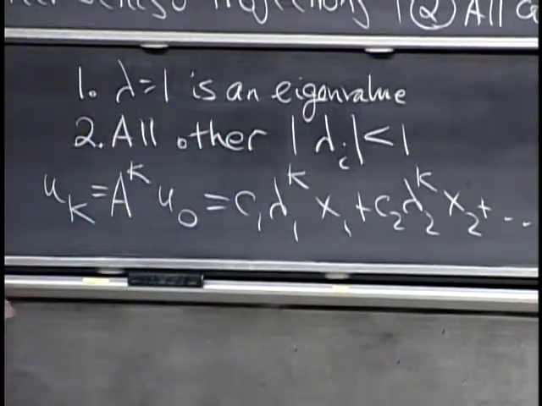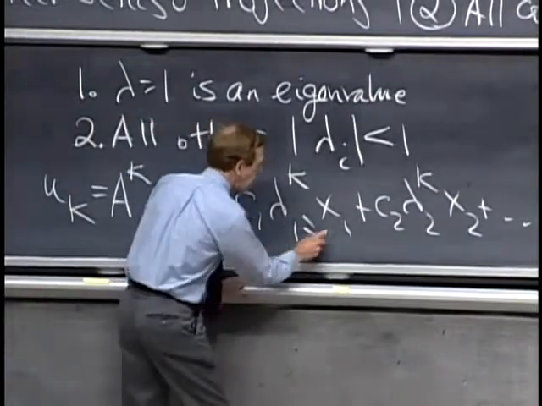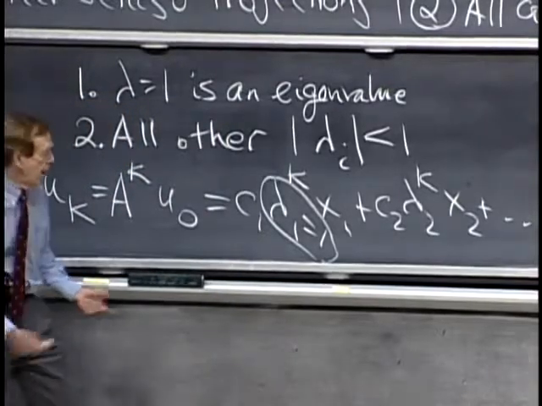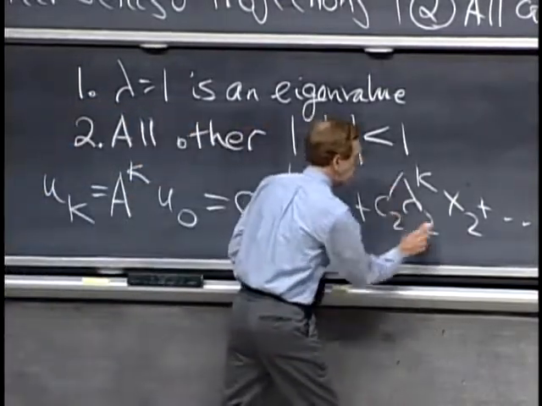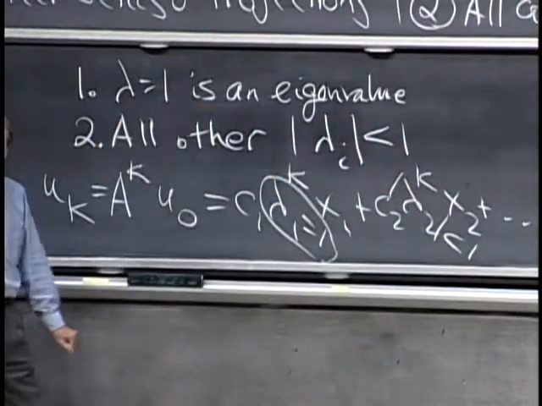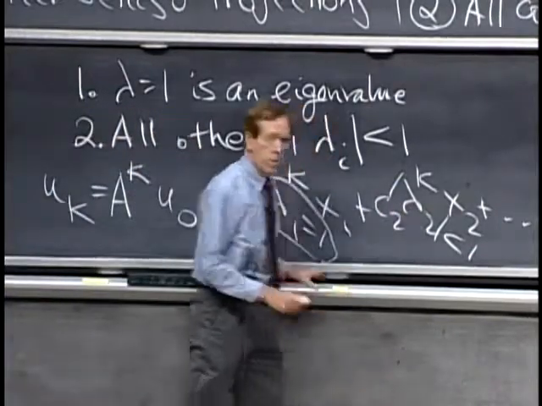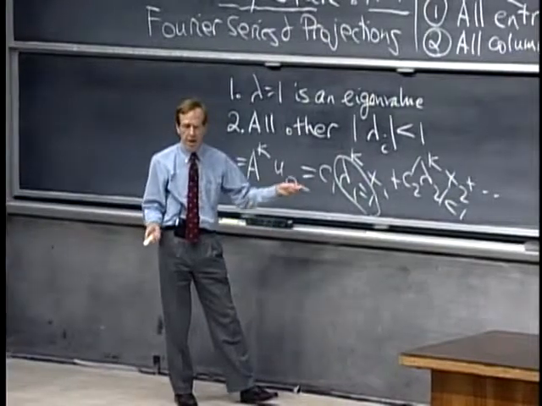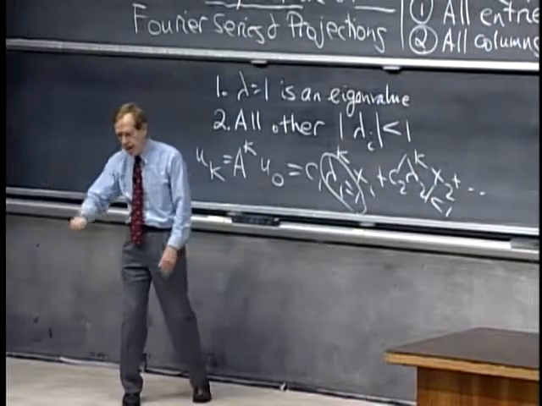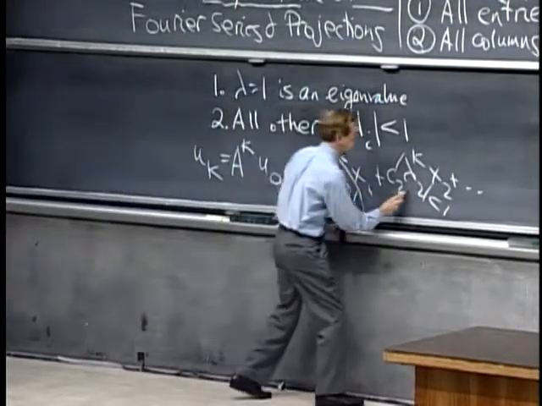And now you can see what the steady state is going to be. If lambda 1 is 1, so lambda 1 equals 1 to the kth power, and these other eigenvalues are smaller than 1. What happens to that term if the lambda is smaller than 1? Then as we take powers, as we iterate, as we go forward in time, this goes to 0, right?